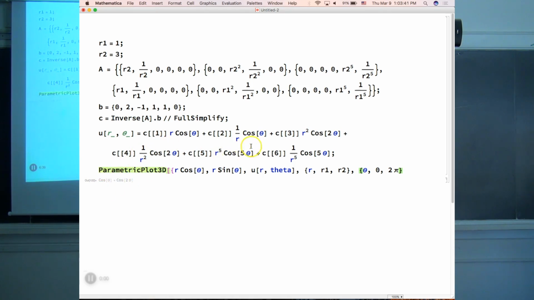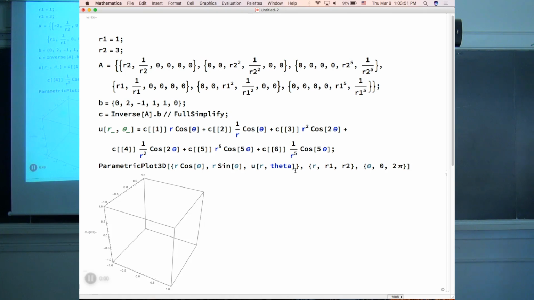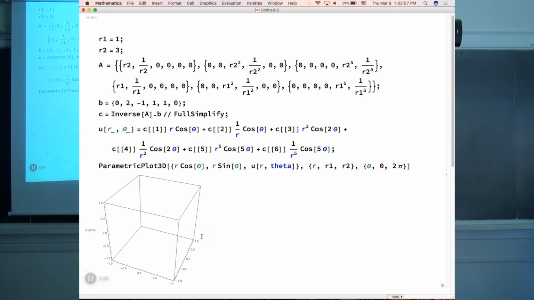I forgot to close this figure bracket. Okay, are you guys ready to see the solution? I'm ready. Yeah, that's what it is.